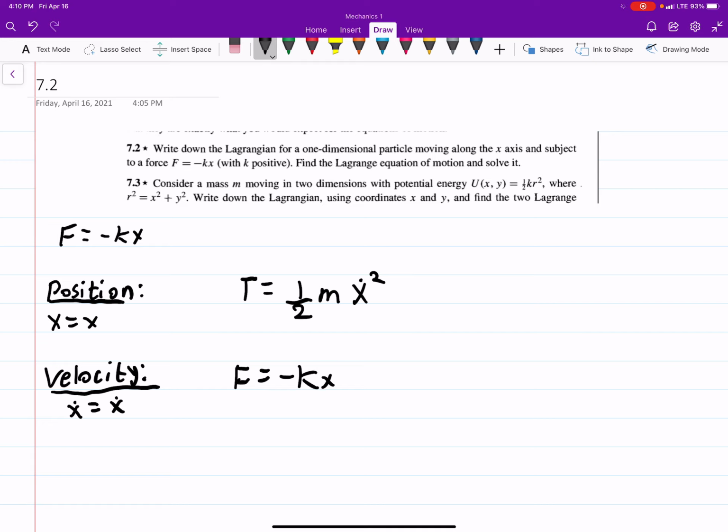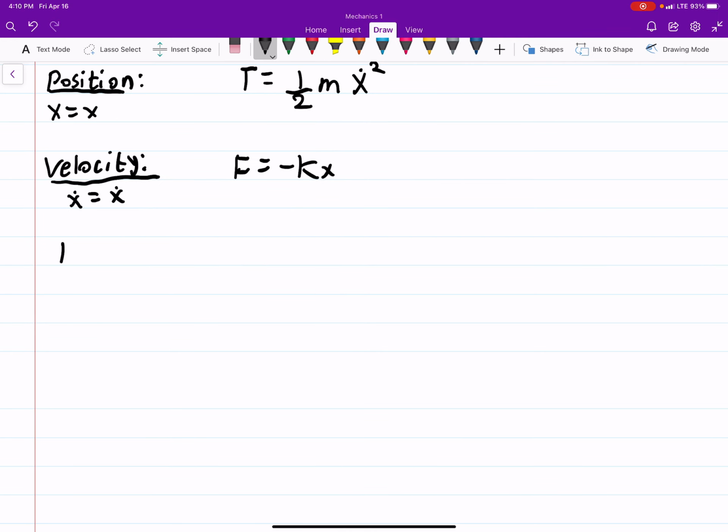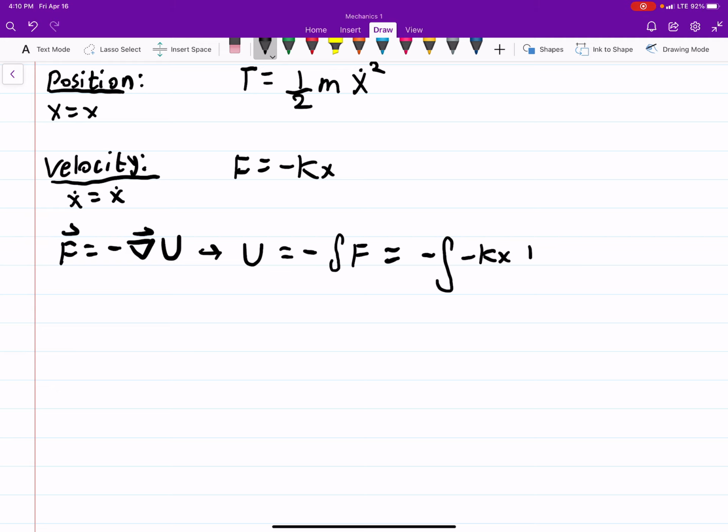kx. Now, one thing to keep in mind is F equals negative del u, or the gradient of u. And in this case, we're given a force. So you can also think of this as u, or potential, is negative the integral of f, or negative the integral of minus kx dx.